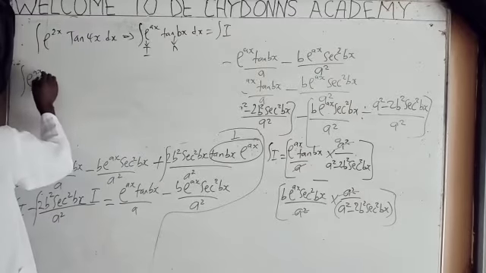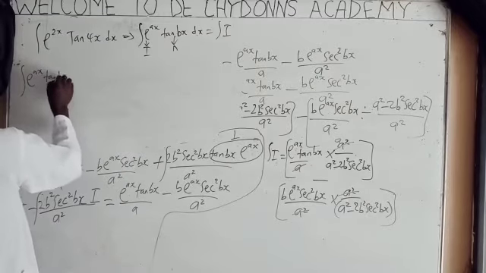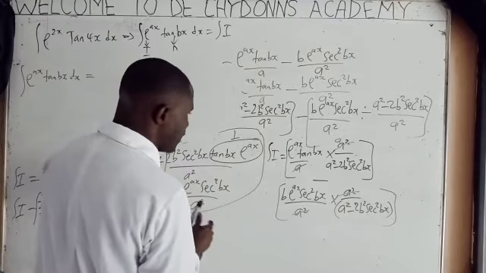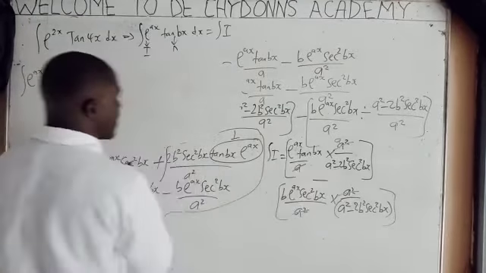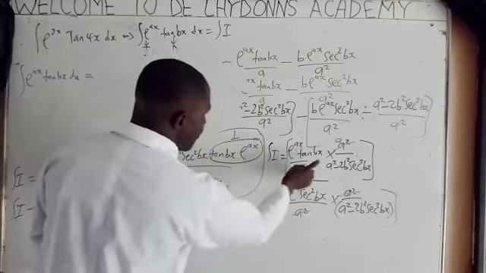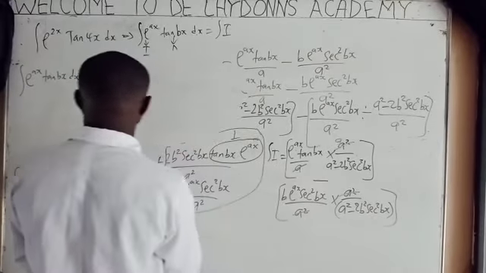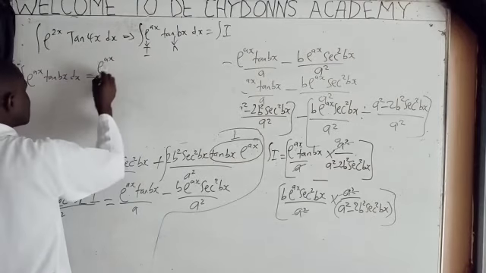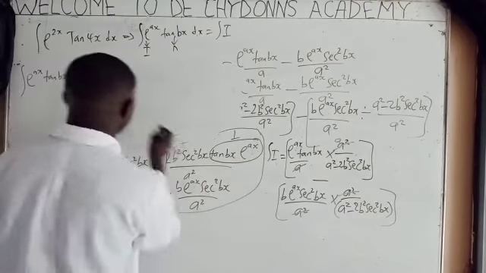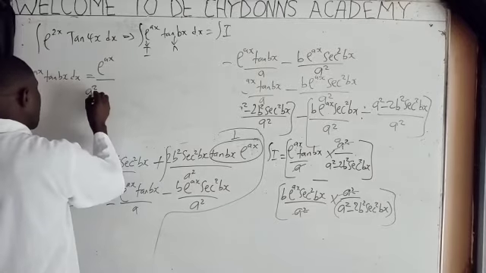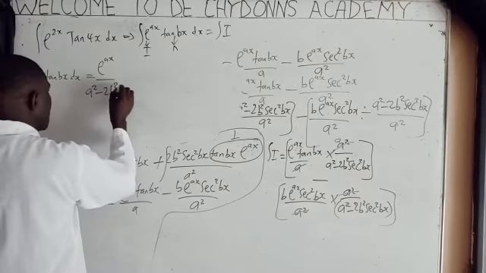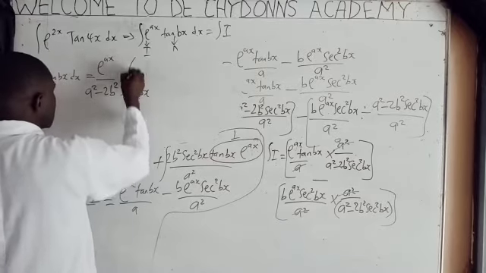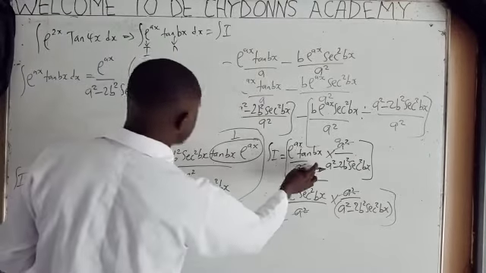Exponential ax tan bx dx equals, then what do I have here? What do I have in common in the two? I will say I have exponential ax all over a square minus 2b square sec square bx. Then what will remain?